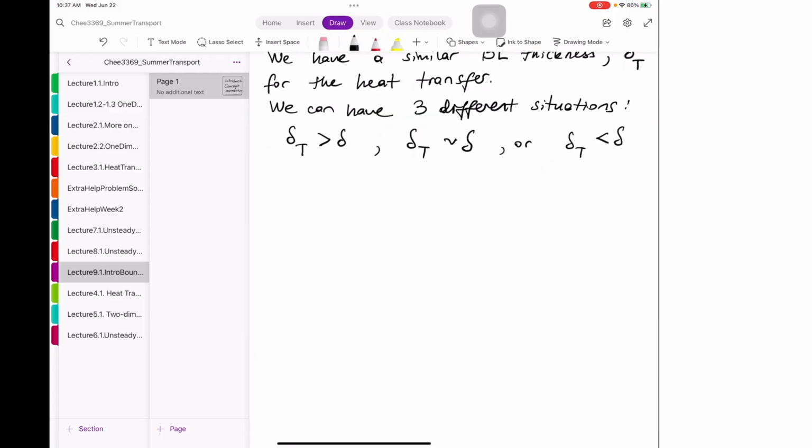Whichever is valid depends on the properties of the fluid.